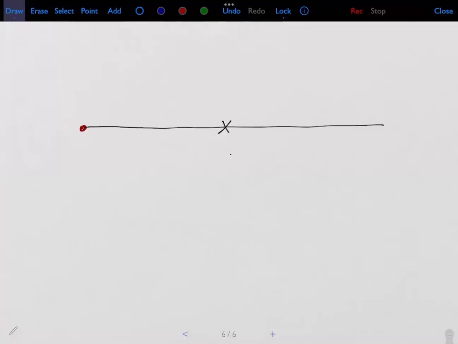Then I have the forces acting here, so I have the weight of the arm, and then I have the muscle force. And this is acting at 10 degrees.